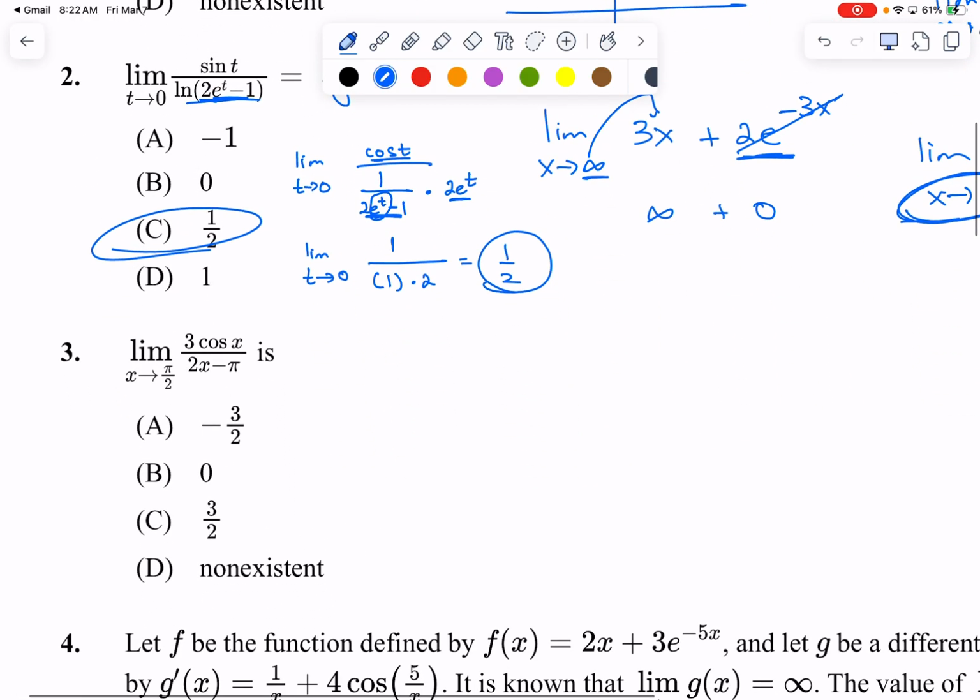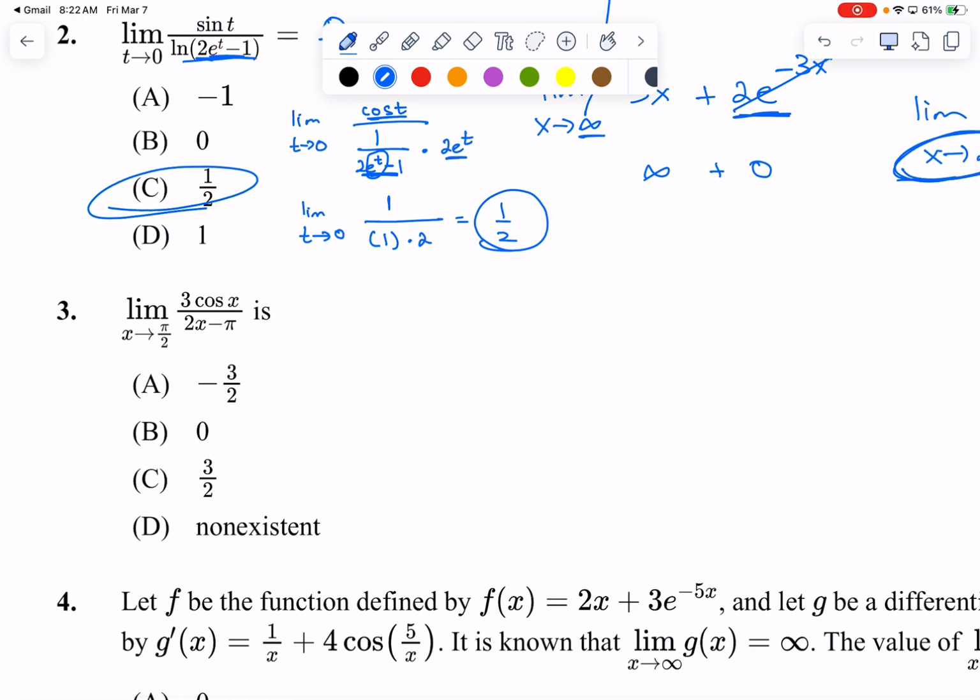Okay, thanks. All right, this one, if we plug in pi over 2, cosine of pi over 2 is 0, is it not? So that's going to give you 0 over 2 times pi over 2 is 2 pi. No, or it's just pi. Pi minus pi, that's 0. So L'Hopital's rule works.